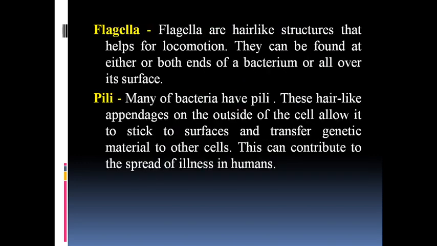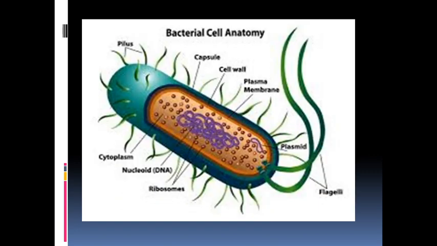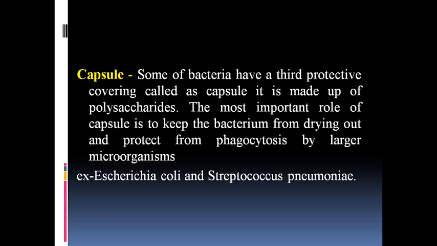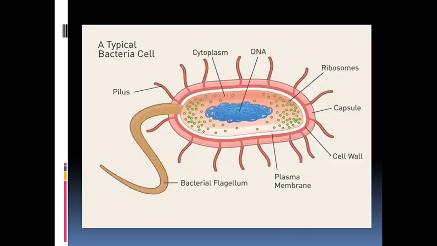So, I hope all of you have understood the structure of the bacteria, right? When they ask you to write the structure of the bacteria, you have to draw the diagram, and you have to explain the cytoplasm, nucleus, ribosomes, as well as the cell membrane.